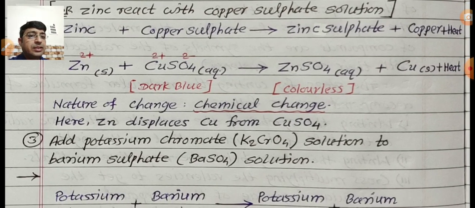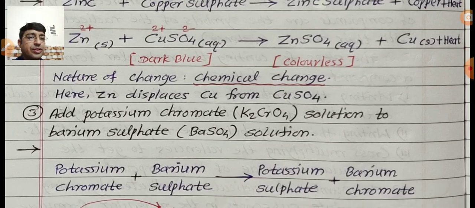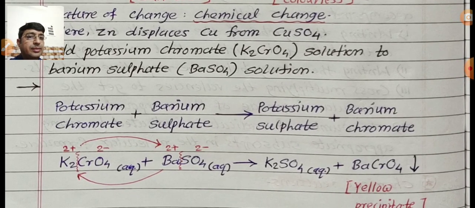Third activity: add potassium chromate, formula given in bracket, K2CrO4 solution, to barium sulfate, BaSO4 solution. So see the reaction, potassium chromate reacts with barium sulfate. See the formulas: potassium chromate K2CrO4 plus barium sulfate BaSO4.